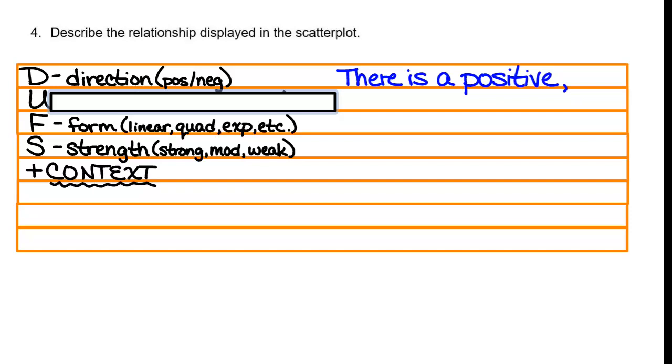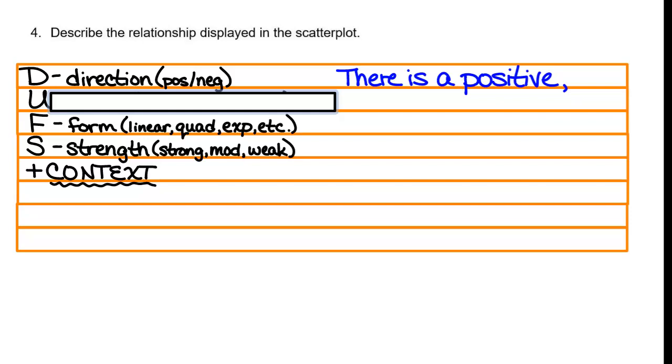For the most part, we're going to describe our form as either linear or nonlinear. If you look at a scatter plot and it has a very obvious U shape to it, like a parabola, then I would name it by that. If it has a very obvious J shape or curve to it, then I might call it an exponential.